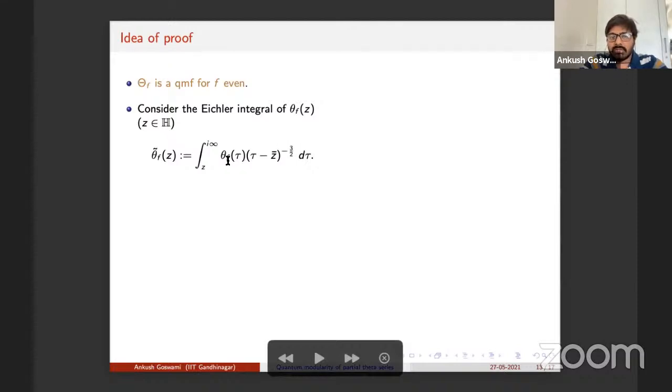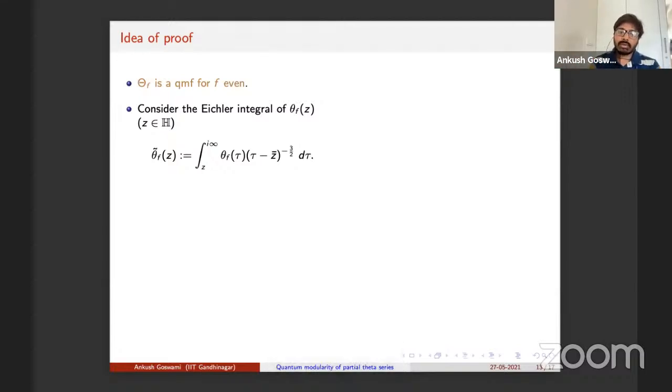If you take a positive integral power in the exponent of tau minus z bar, let's say k, then what this Eichler integral is telling you is that if you take the derivative of theta sub f tilde k times, you actually get back the function theta sub f of tau. So you can think of that as the formal antiderivative of the function when k is a positive integer in the exponent of tau minus z bar. But yeah, this is basically a generalized version of antiderivative.